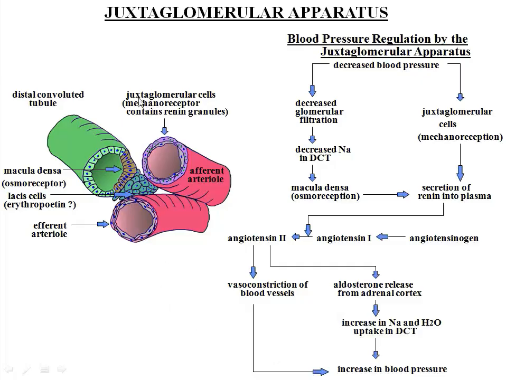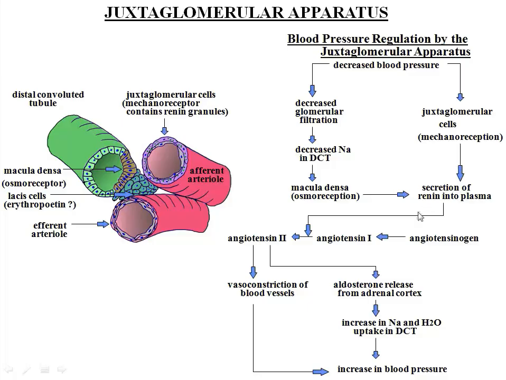Now, if you see these juxtaglomerular cells under the electron micrograph, you will find that they contain crystalline structures of the enzyme renin, which is responsible for the production of angiotensin 1 and angiotensin 2. Both of these are related to increasing blood pressure and they influence the adrenal cortex, so their role is in maintaining blood pressure.